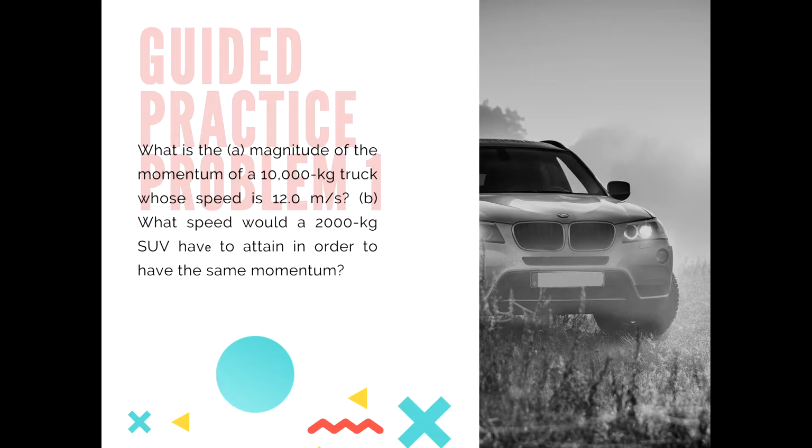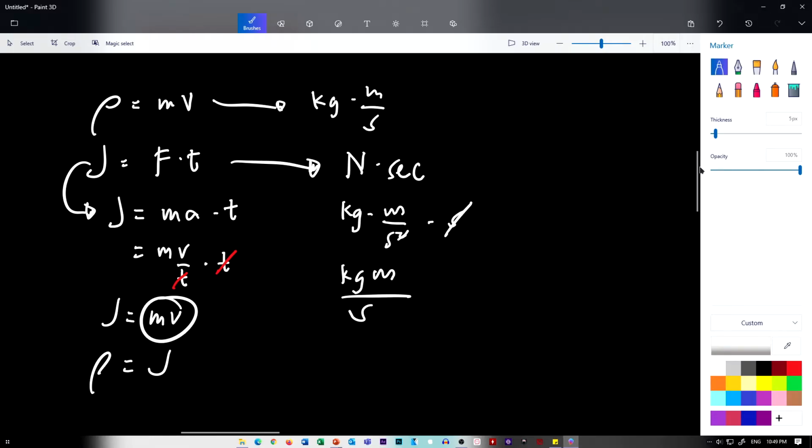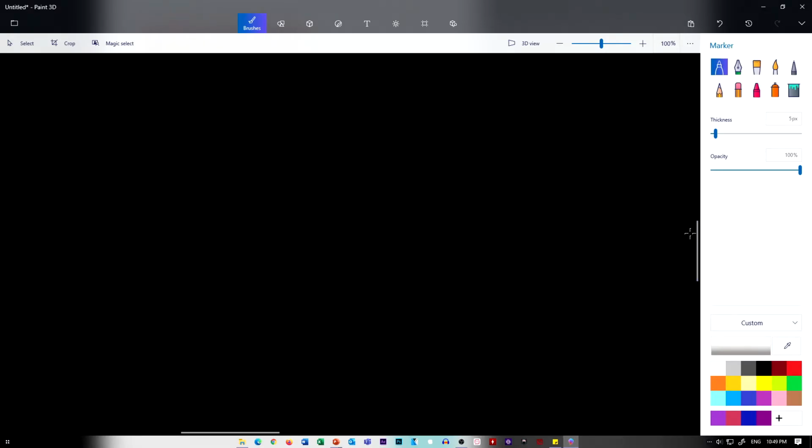Let's try to solve for its momentum. Very easy, just a really easy first example. You can illustrate it. Let's just assume this is your SUV, the mass moving at a certain velocity.